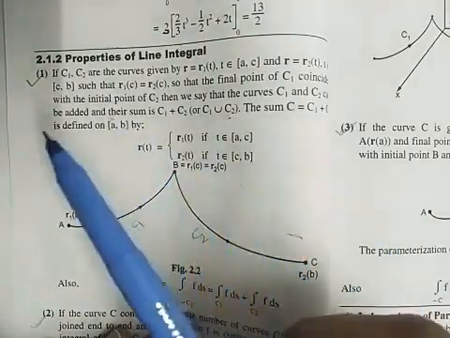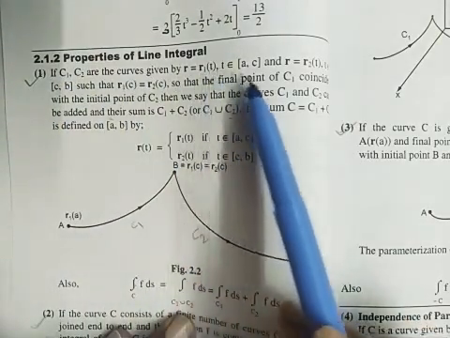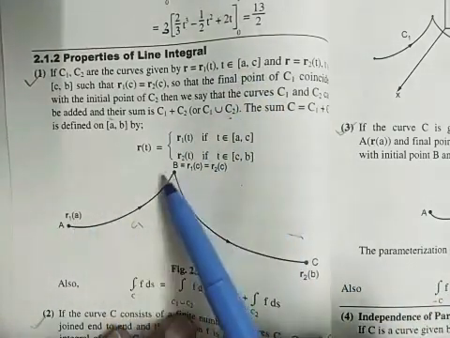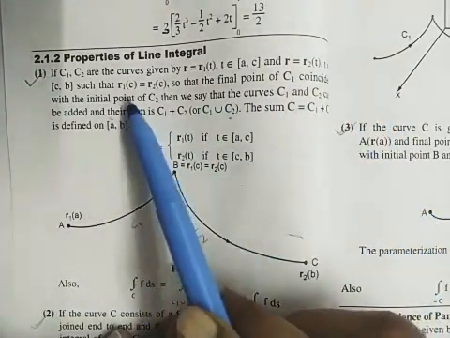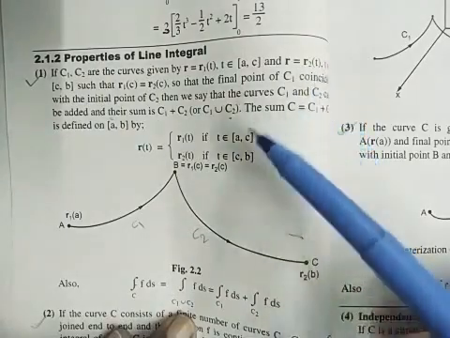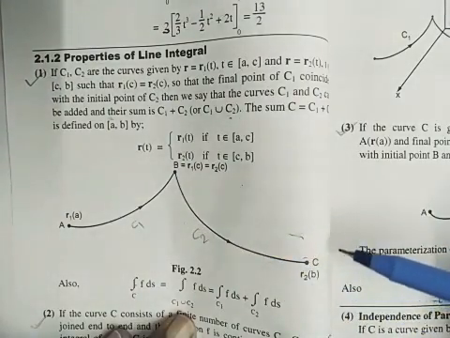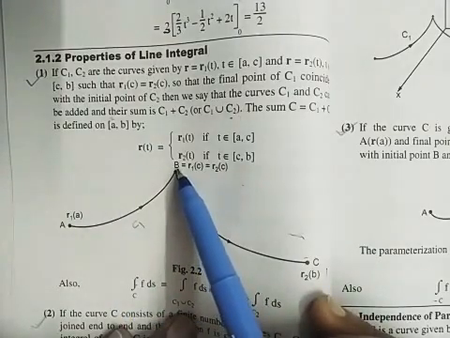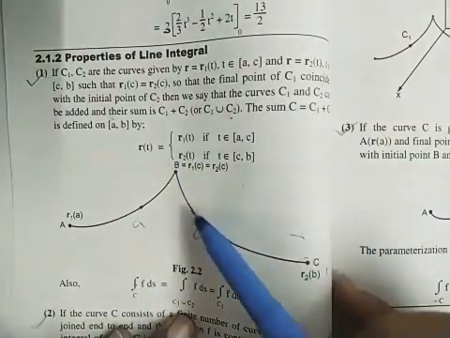Okay, so it is written here, if C1 and C2 are the curves given by r is equal to r1(t), means this curve first, for t belonging to A to C, there is r1(A), r1(C), and r second is r2(t), where t belongs to the interval C to B, such that r1(C) is equal to r2(C), so that the final point of C1 coincides with the initial point of C2.